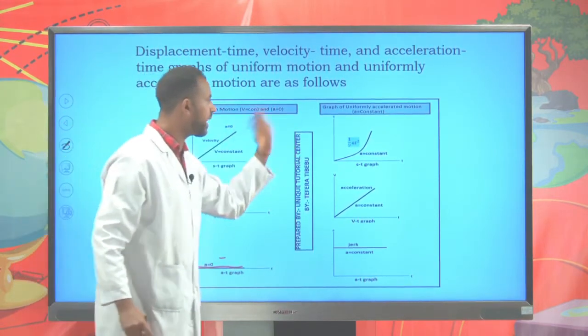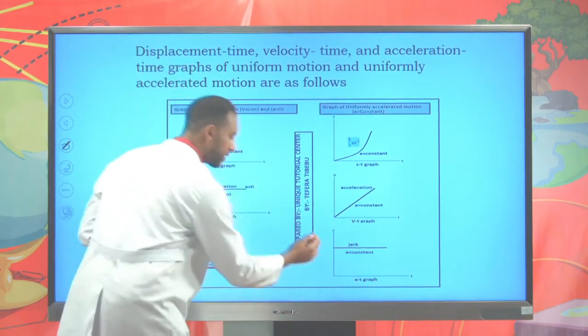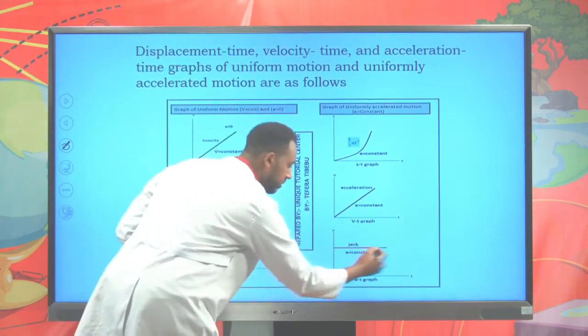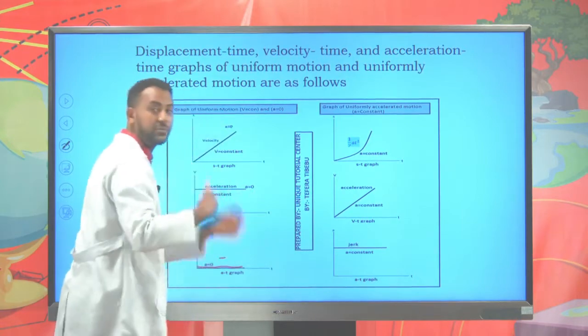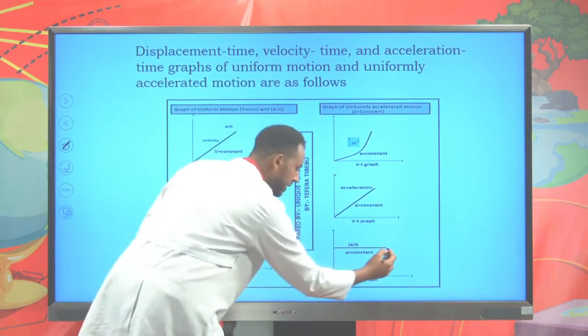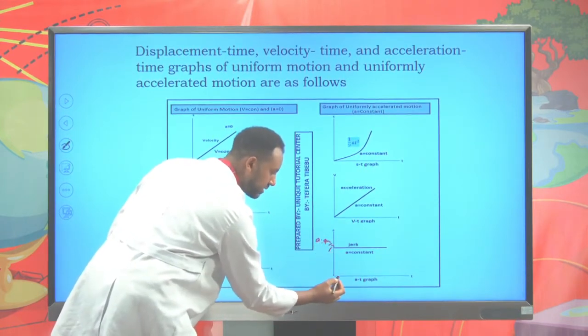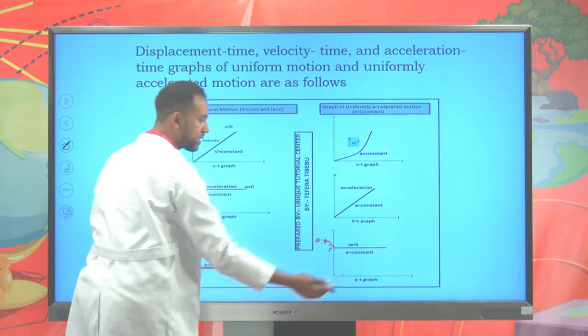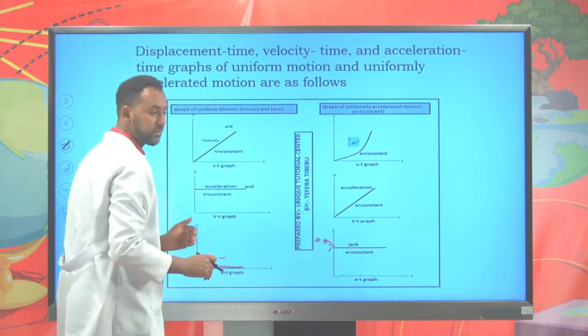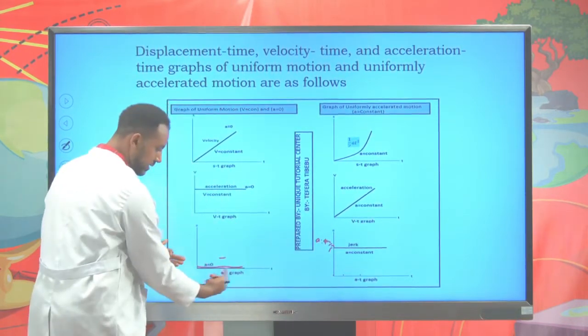But for a uniformly accelerated motion, starting from acceleration, the acceleration remains constant. Despite the change of time t, the acceleration remains constant. Suppose the acceleration is 4 meters per second squared, so at time t0, at time t1, at time t2, at some other time, the acceleration remains constant. But here, the acceleration is 0.